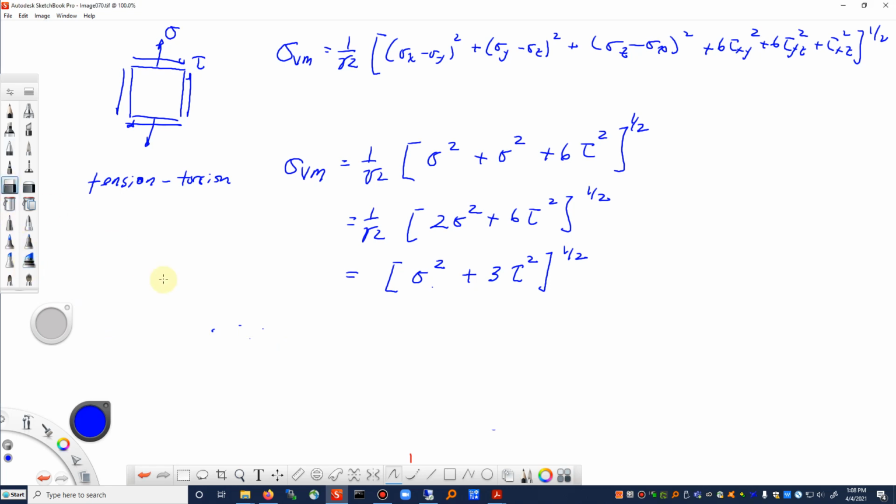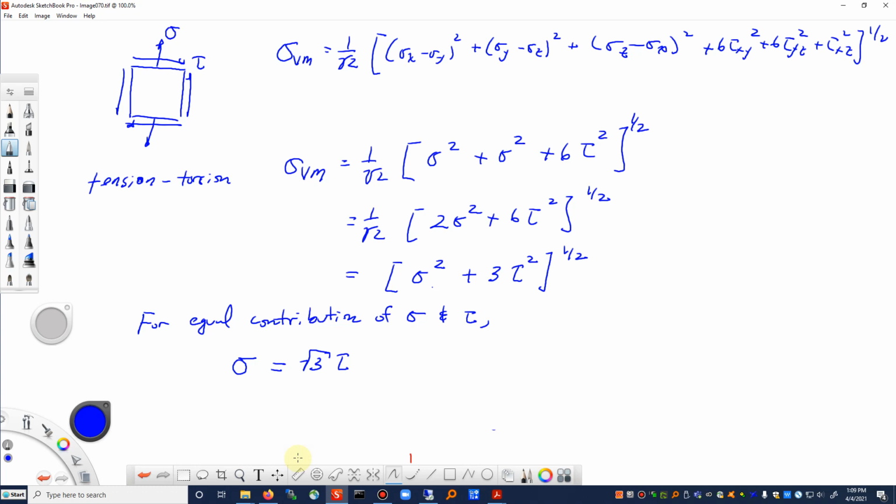So let's see. Let me write it this way. So if I picked out a level of stress of 100 megapascals in tension, then the equivalent shear stress I could find out by taking the square root of 3 times tau.